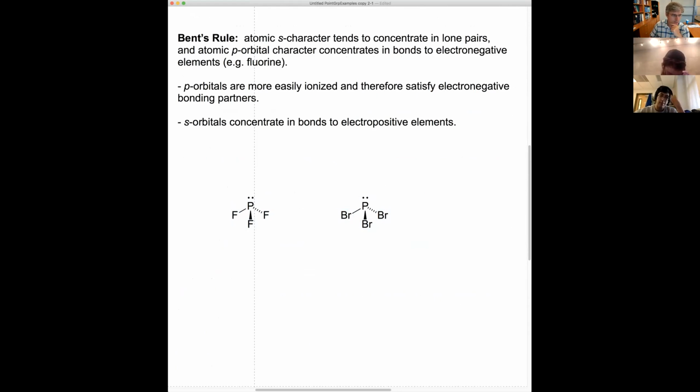So it turns out that this angle is close to 90 degrees. This angle here is 101.